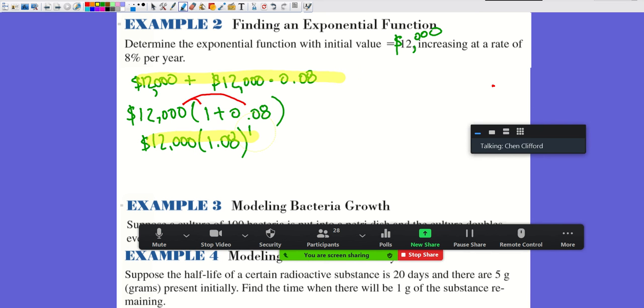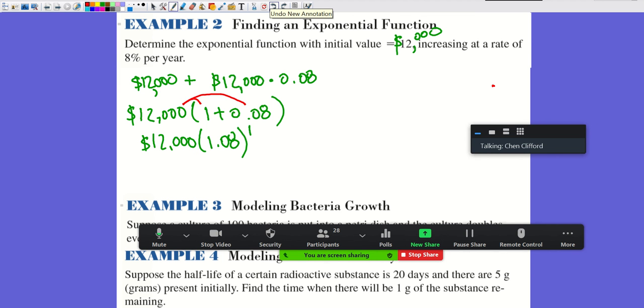Now, instead of doing this, I want to do it the adult way and do it this way. If this were 9, then this would be 9, and so on and so forth. Now, let's say you want to find out how much money you're going to have after 2 years.